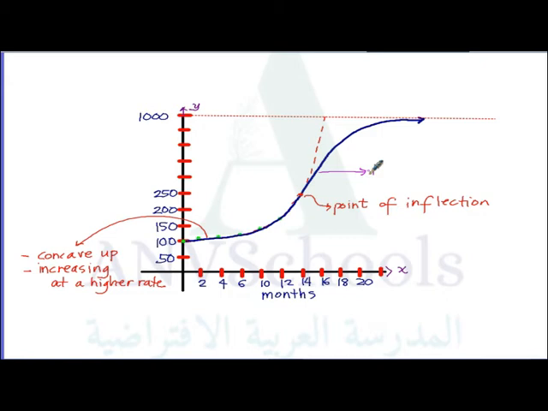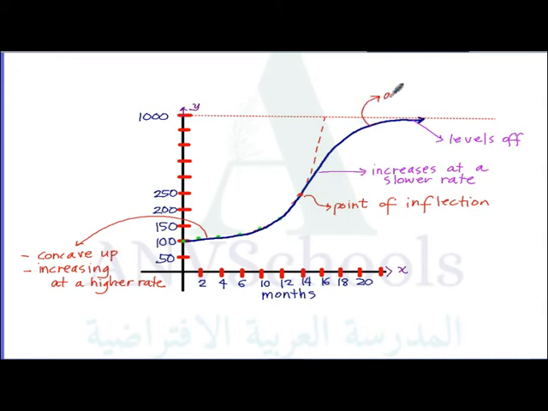It tends to go concave down. So it increases at a slower rate until it levels off. So the function now is leveling off at this point, and this is the actual function.